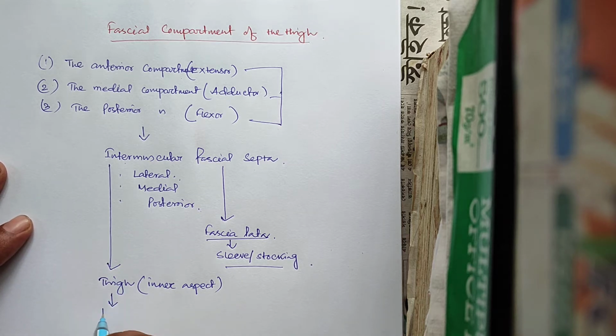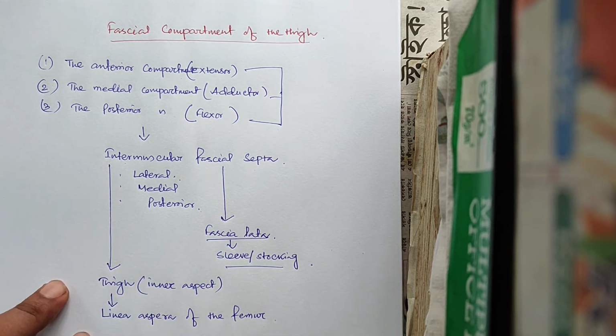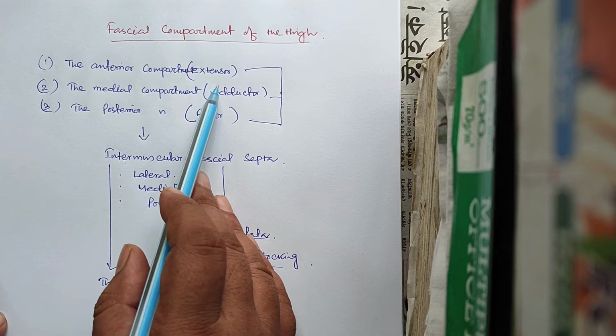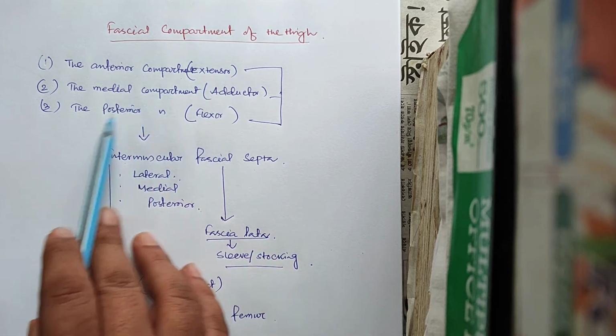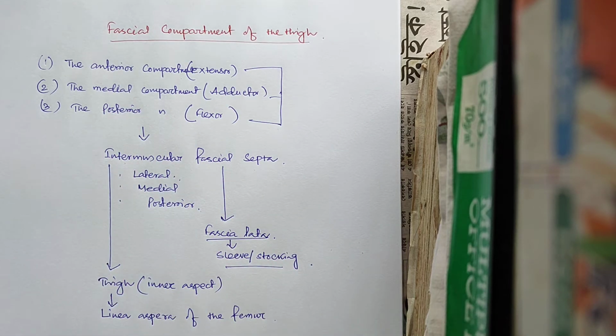And it divides the thigh into three compartments, that is anterior compartment, medial compartment, and the posterior compartment.